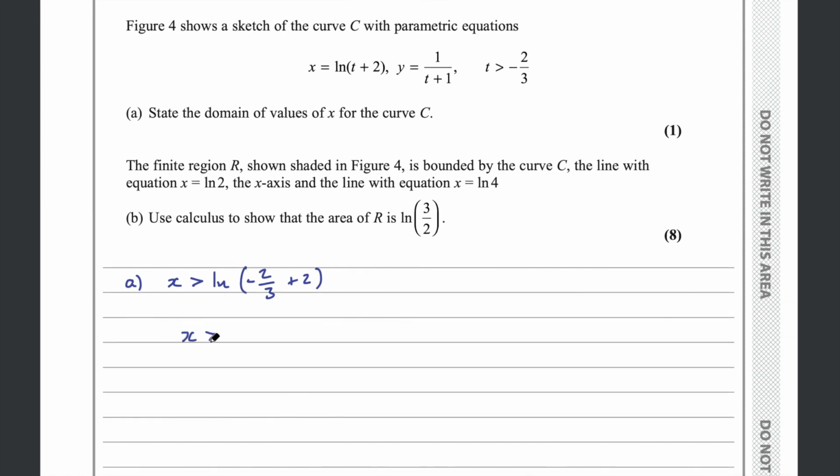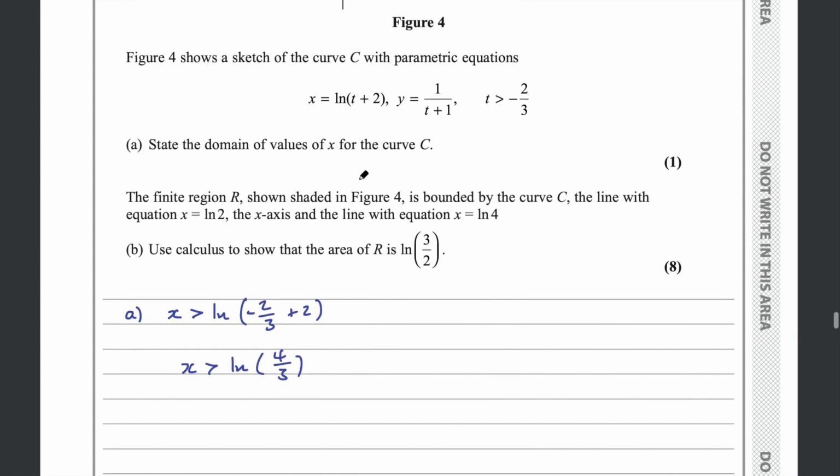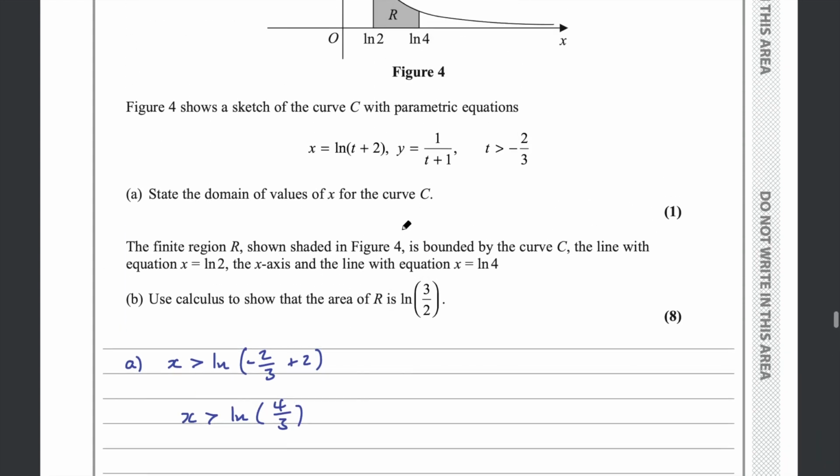So then x is greater than the log of -2/3 plus 2. That'll be like a positive 1 1/3. Another way of writing that is 4 on 3. So I think we can leave it as that. We probably don't need to expand that out or anything. So that should be good for the domain for 1 mark.